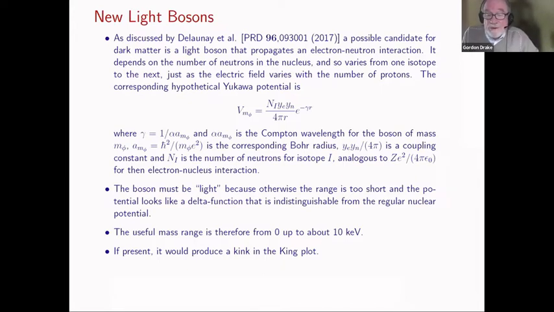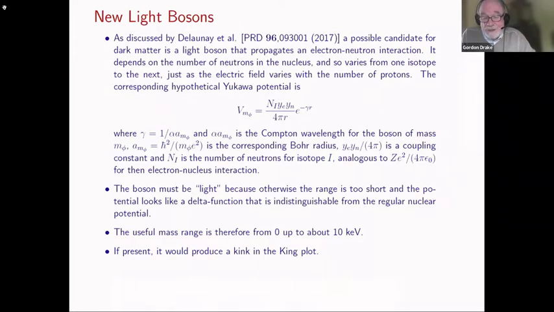And so you could postulate a Yukawa type potential proportional to the number of neutrons, and the distance scale is inversely proportional to the mass. So it drops off too rapidly for a heavy boson, but for a light boson, the distance scale would still be within the range of the electrons, and so you could expect to see a difference. So the boson must be light because otherwise the range is too short.